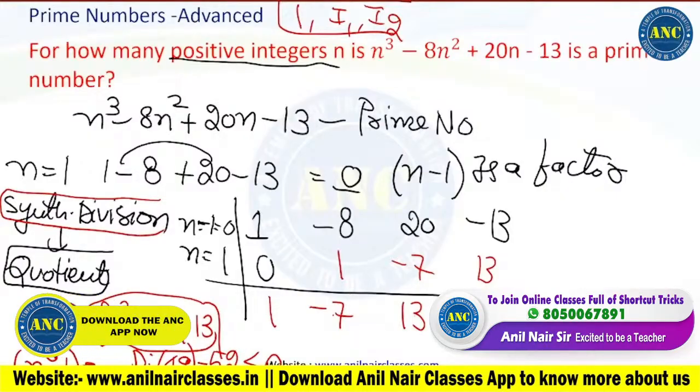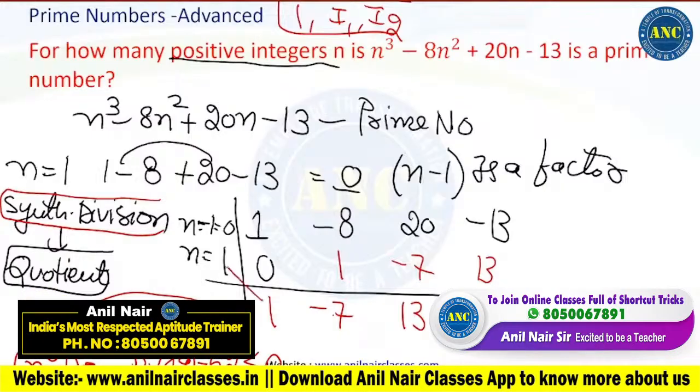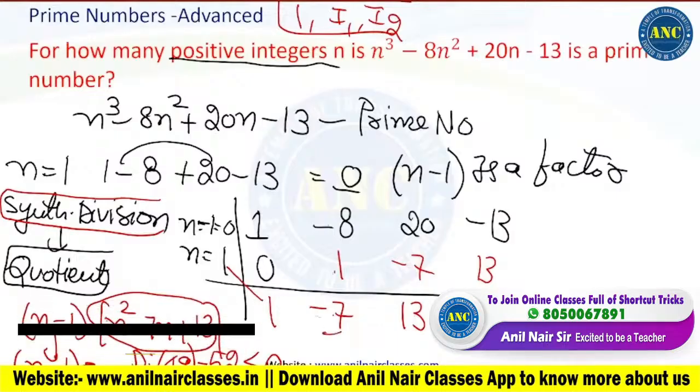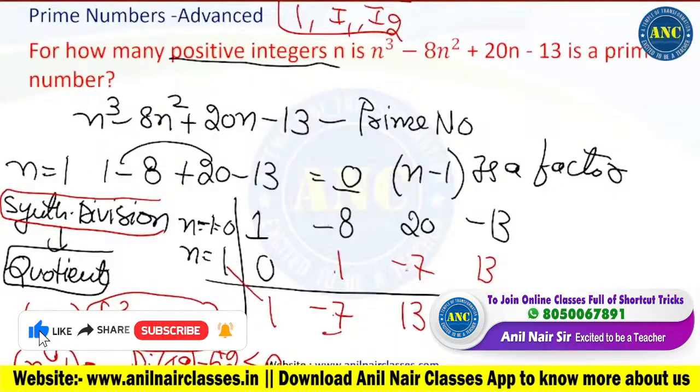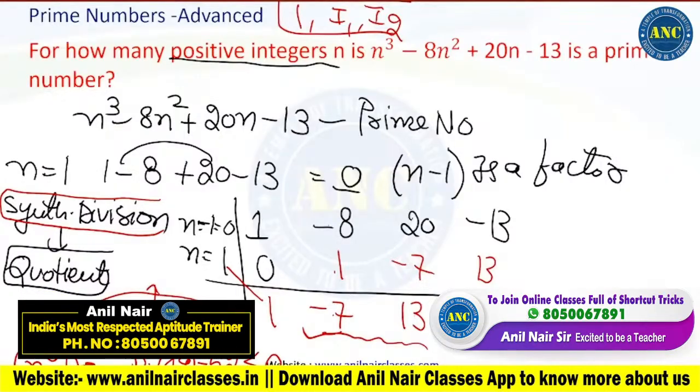Dividing the cubic by the linear factor, the remainder is n square minus 7n plus 13. The discriminant of this equation is less than 0, so the roots are imaginary.